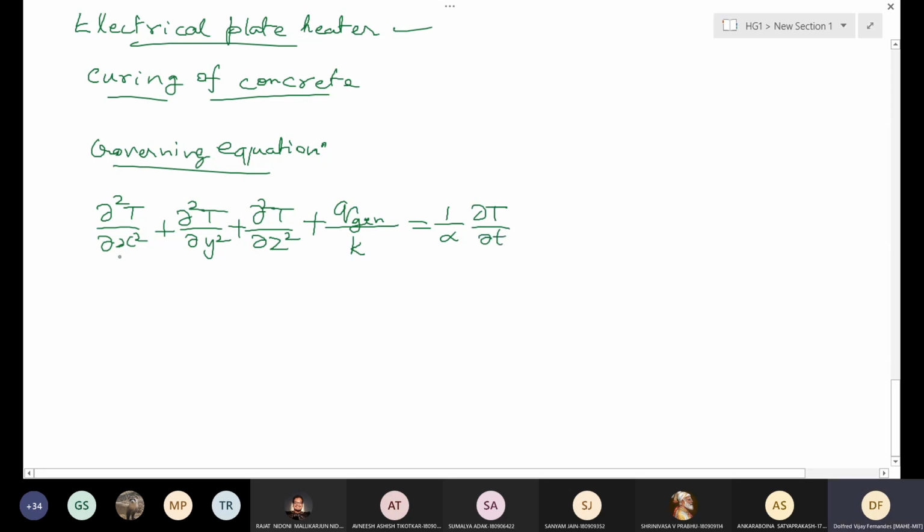Okay. So then we can simplify this for steady state, one-dimensional heat conduction with heat generation.